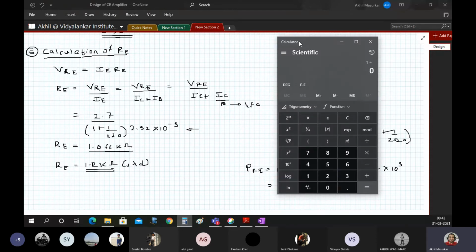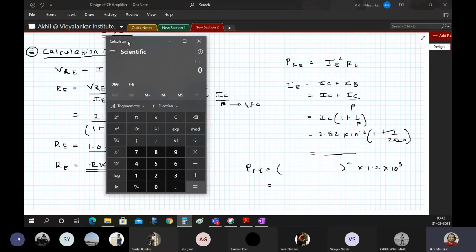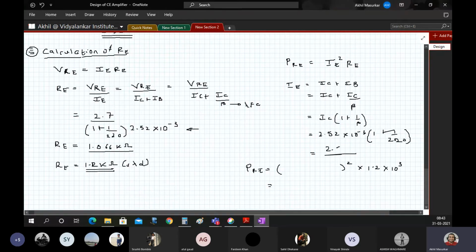Let's calculate that: 1 plus 1 over 220, into 2.52, that is just going to be 2.53 into 10 raised to minus 3.